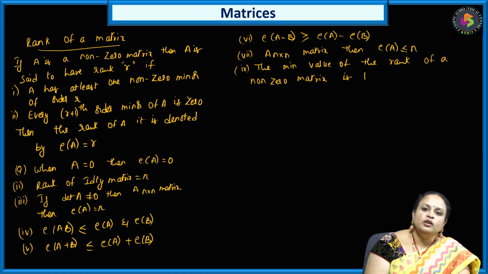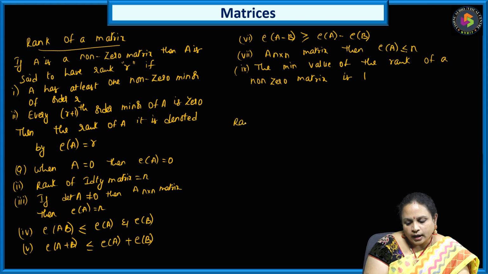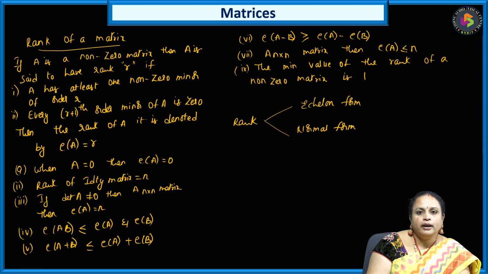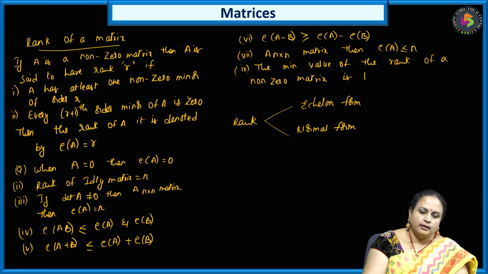If it is a zero matrix, then only the rank will be equal to 0. And we have a few methods to find the rank of a matrix. It can be calculated in two ways. The first one is echelon form. With the help of echelon form, we can calculate rank of a matrix, and also with the help of normal form, we can calculate rank of a matrix. There are two methods in which we can find the rank of a matrix.